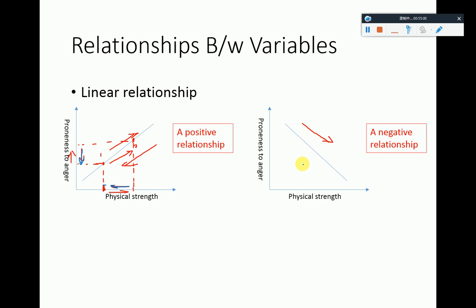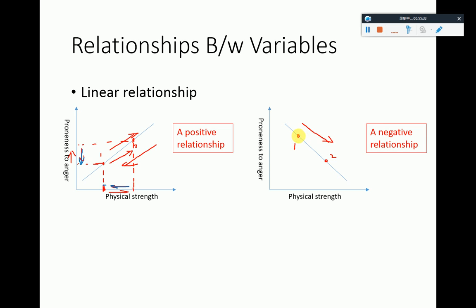This one describes a negative relationship or negative correlation because exactly the values of these two variables move in opposite directions. How so? Well, let's make sense of it. Let's say we move in this direction. Okay? Again, we have point 1 and point 2.